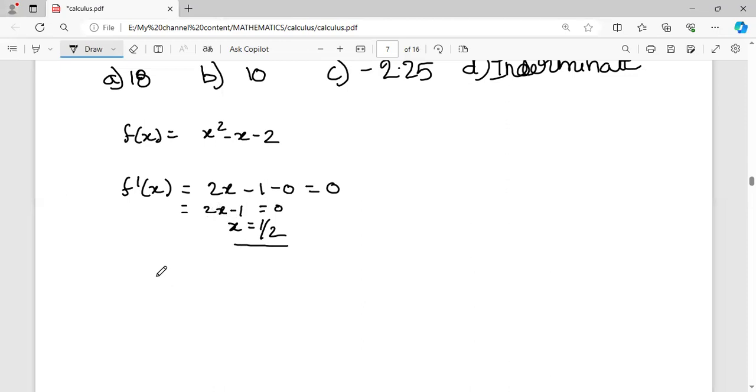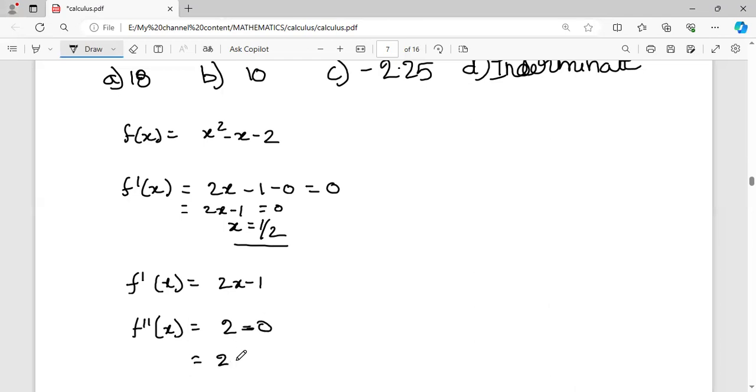Next, coming to the double derivative, that means f double dash of x. Here f dash of x is 2x minus 1, so coming to f double dash of x, the derivative of 2x is 2 and the derivative of minus 1 is 0.